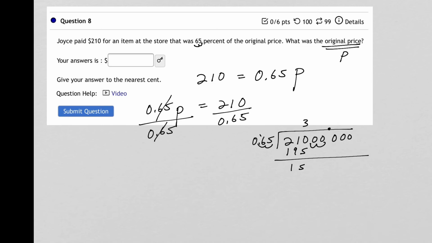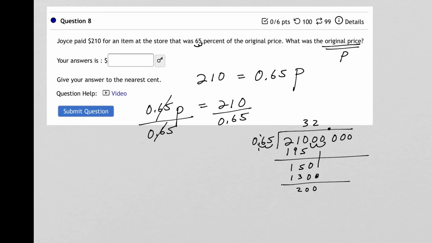And then bring down the next digit, which is a 0. 65 into 150. Looks like it's twice, right? 2 times 5 is 10, carry the 1. 2 times 6 is 12, plus 1 is 13. I subtract, so I'm going to get 20, bring down the next 0.